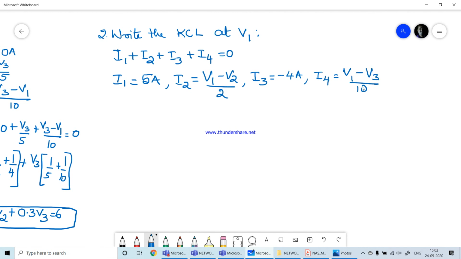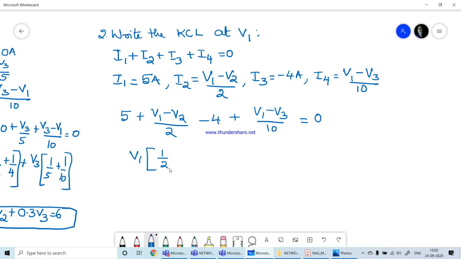So now we will add all these equations. It is plus 5 plus V1 minus V2 by 2 minus 4 plus V1 minus V3 by 10 equals 0. Therefore, V1 into 1 over 2 plus 1 over 10, minus V2 by 2 minus V3 by 10 equals 5 minus 4, which is plus 1.